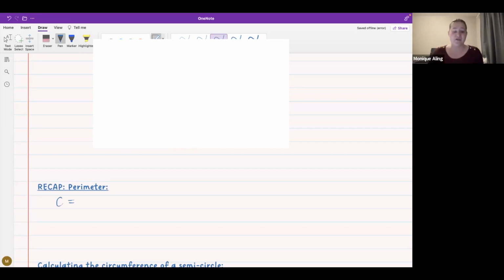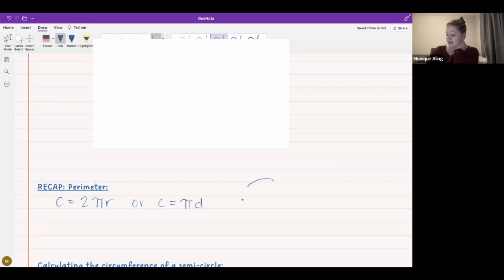Pi times radius squared. That is the correct formula for area of a circle. Do we remember going through 2 pi r? Or to work out the perimeter of a circle, we could say pi times diameter.